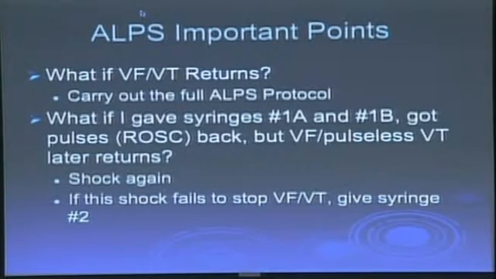If VFib, VTAC returns, you do the full ALPS protocol, which is going to be syringes 1A and 1B for the first dose, and then syringe 2 for the next dose. If you had circulation, if you had a non-VFib rhythm after the first dose of drugs and the next shock, then you don't, but then it comes back later, it recurs as VFib, you give that second dose then.